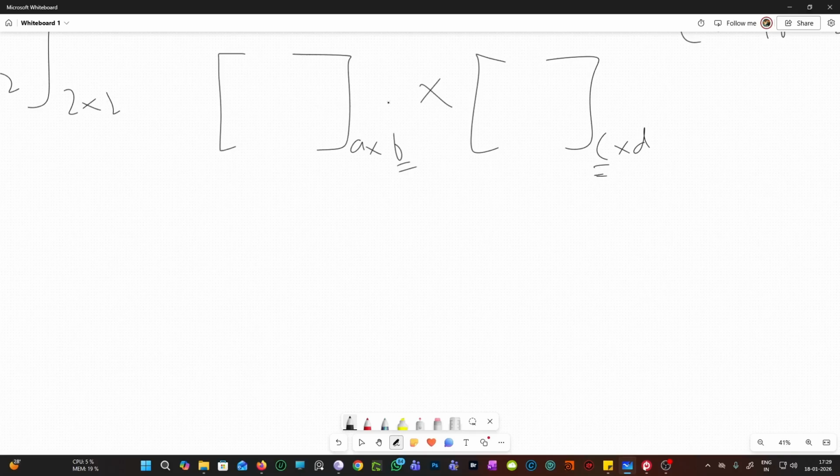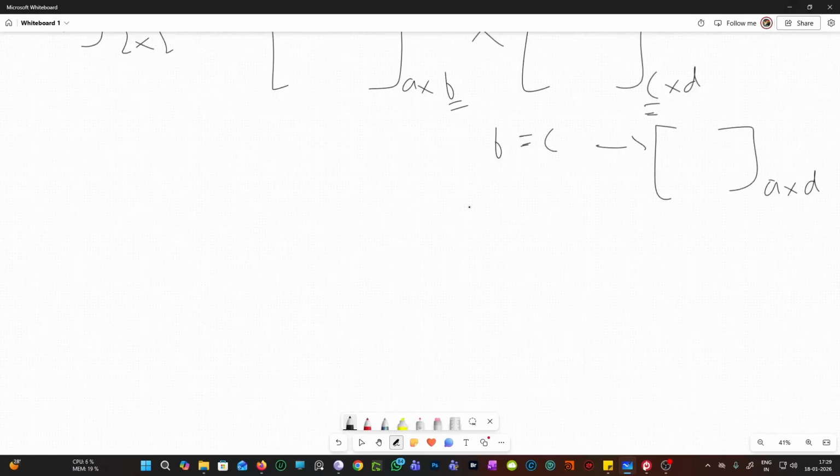If you want to multiply two matrices together, the number of columns in the first matrix must be the same as the number of rows in the second matrix. And the final matrix that we get after multiplying these two will have order A cross D. So just remember it. Now let's see an example here.